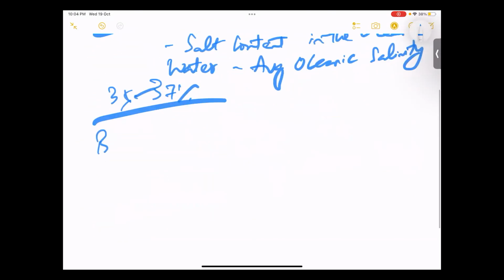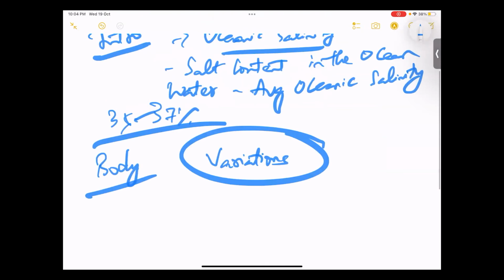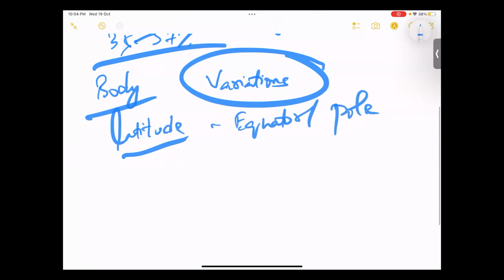So in the body, come straight to the first part of the question. What are the reasons for variations in oceanic salinity? The first reason is the latitude. What do you mean by latitude? If the ocean is near the equator or pole. Between equator and pole, oceans have more salinity.